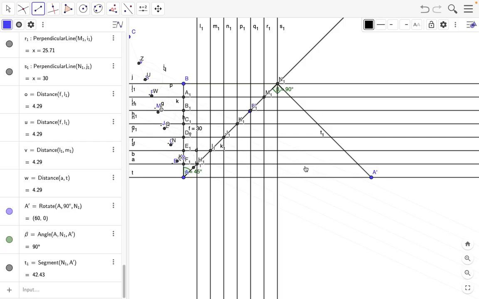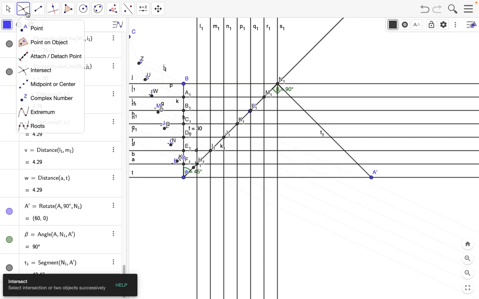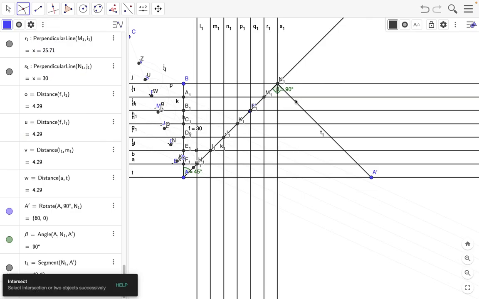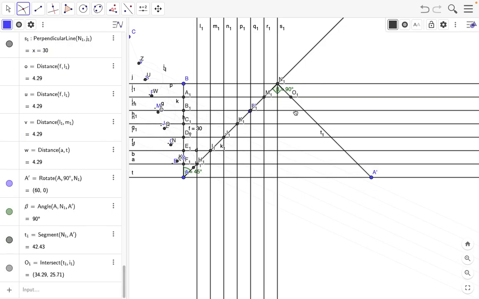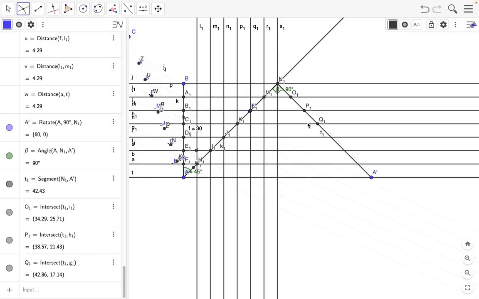Again we can continue getting the points of intersection by this intersect command, this one and this, and then this and this, here this and this, this and this.